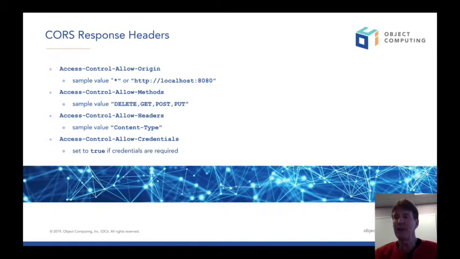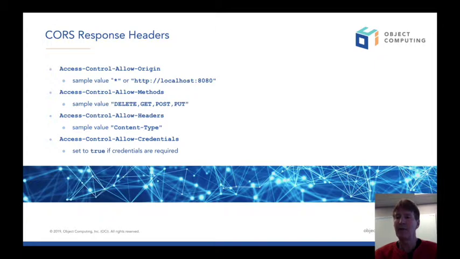Implementing CORS is just a matter of including the right HTTP response headers. The headers listed here are the ones that are commonly included. Notice that their names all start with access-control-allow-. Origin specifies the origins that can invoke a service. Methods lists the HTTP methods that can be used in requests.